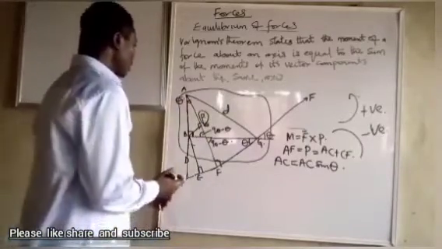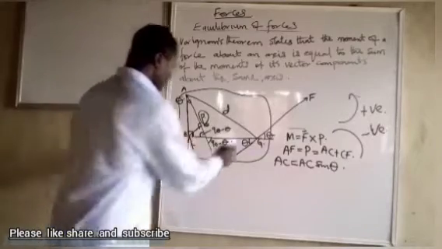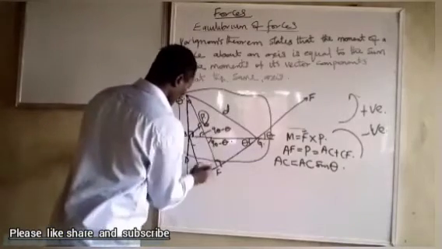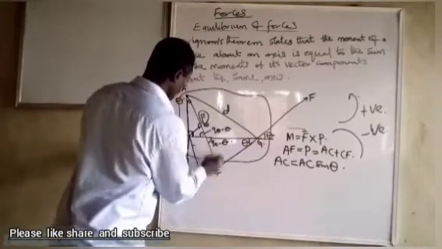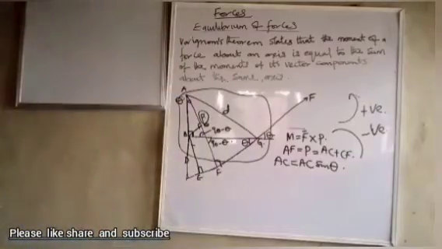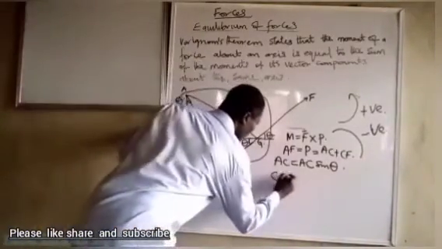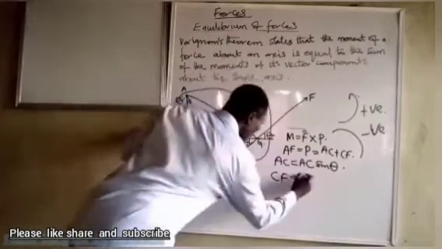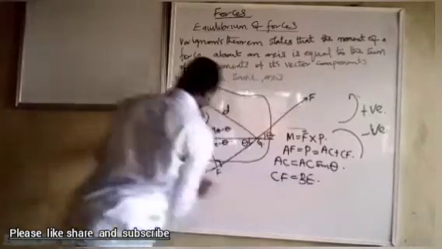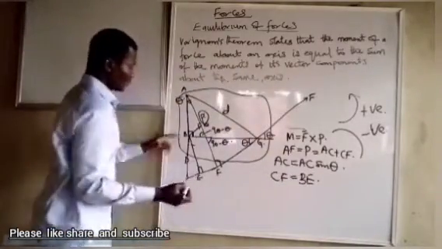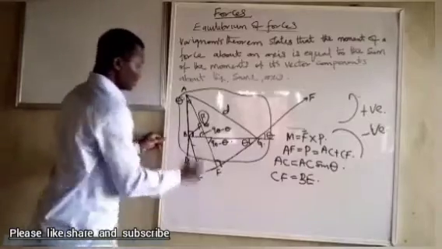Now, let's also look at this place. If you look at it, CF will still be equal to BE. Look at it here. CF will be equal to BE.